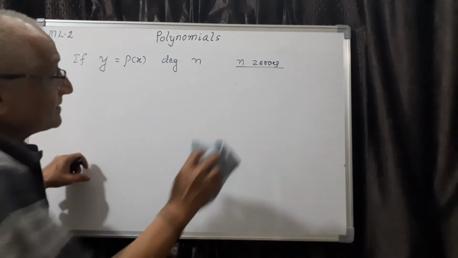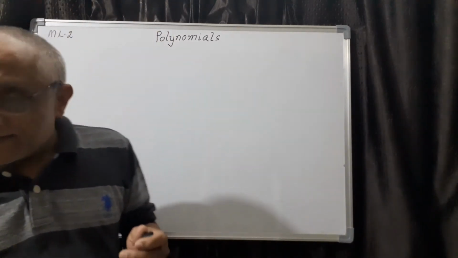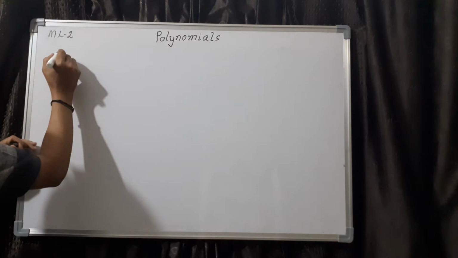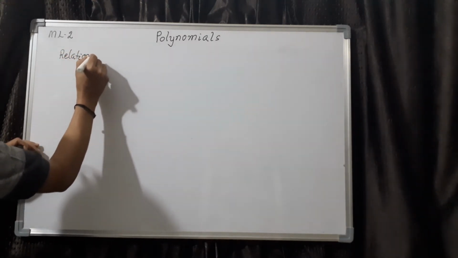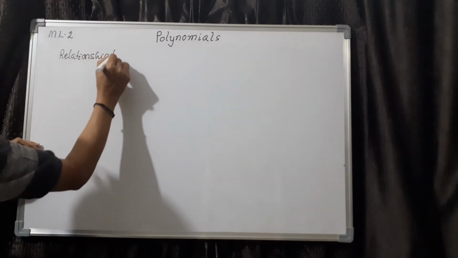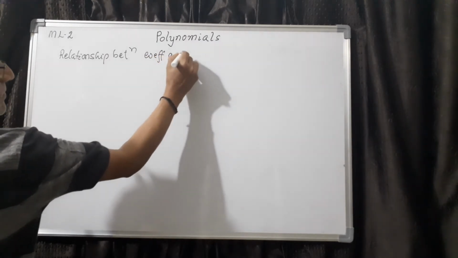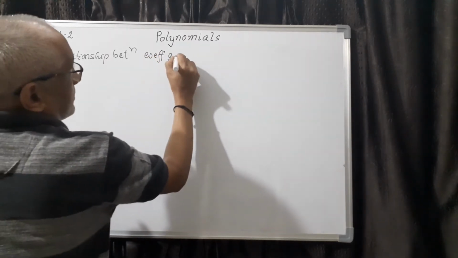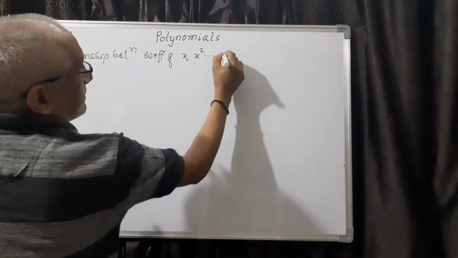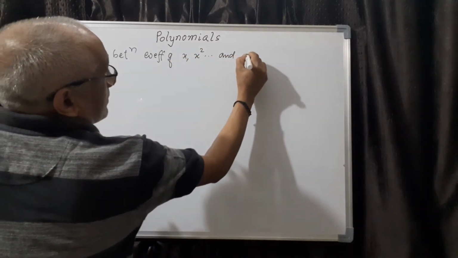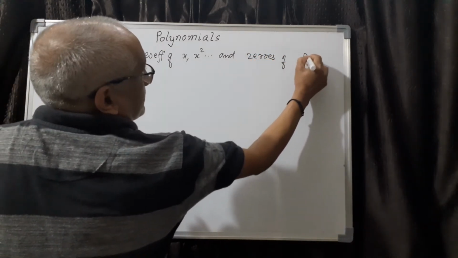Now let us get today another very interesting result, that is the relationship between the coefficient of x, then x square, etc., and the zeros of p of x.